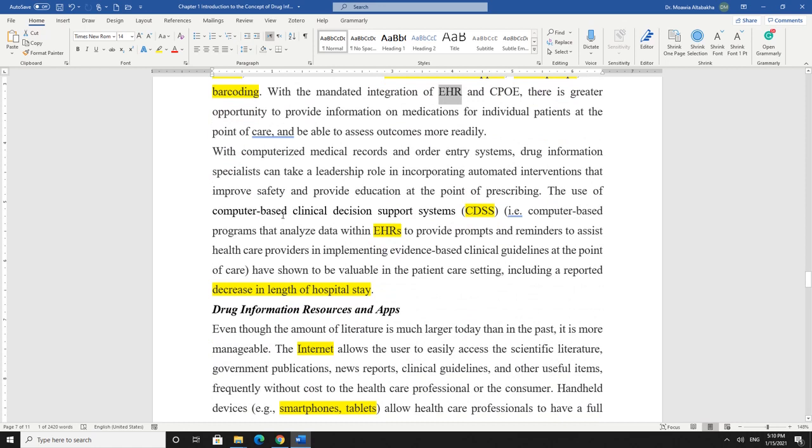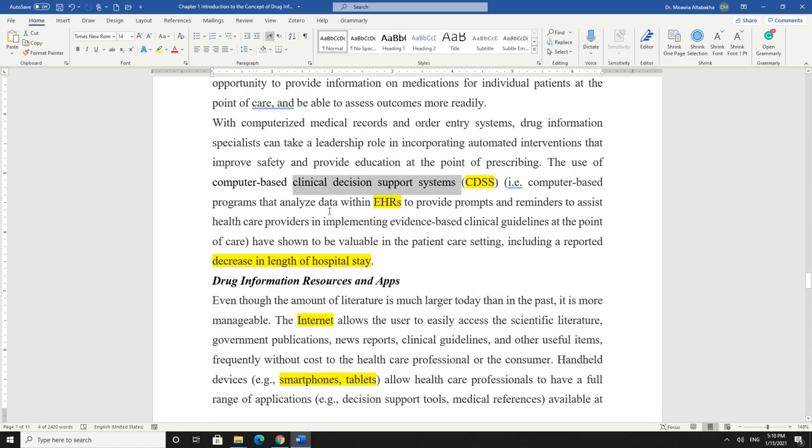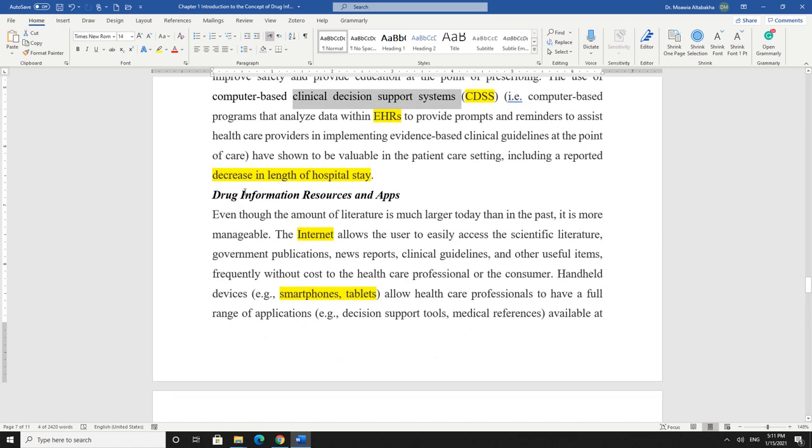I already talked about the clinical decision support system, which is a computer program that analyzes the EHR, the electronic health record, meaning the condition of the patient, and allows the physician to build on that and prescribe the right medication.